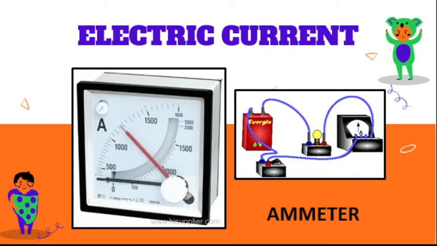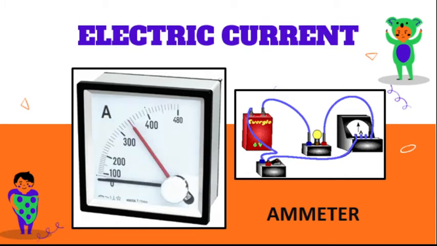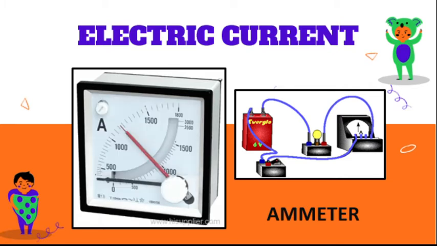An ammeter measures electric current. The figure shows how the ammeter is connected in a circuit. The positive terminal of an ammeter is connected to the positive terminal of the energy source or the battery, while the negative terminal is connected to the negative terminal of the energy source.